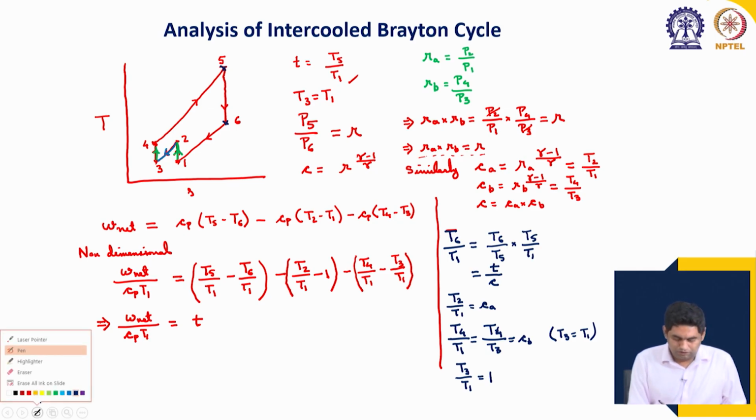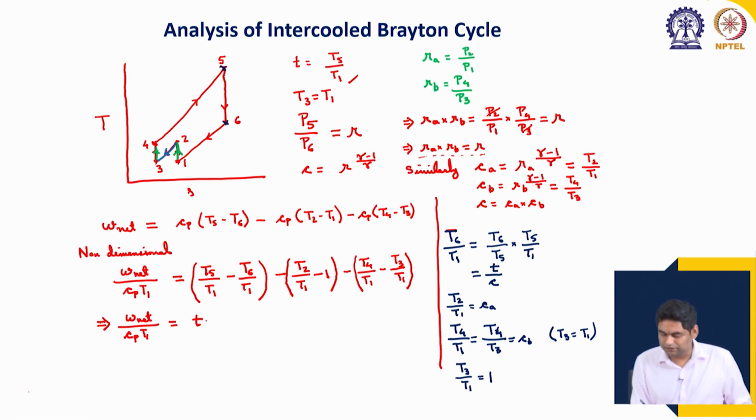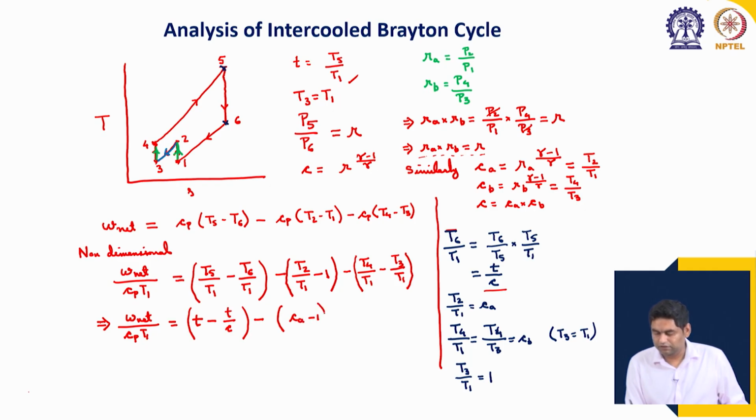And get the final expression which is t minus t by C, minus Ca minus 1, minus Cb minus 1.